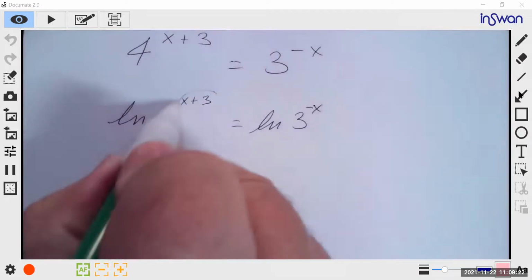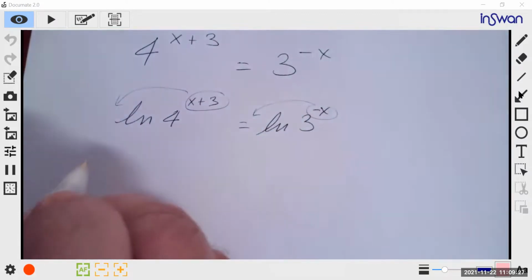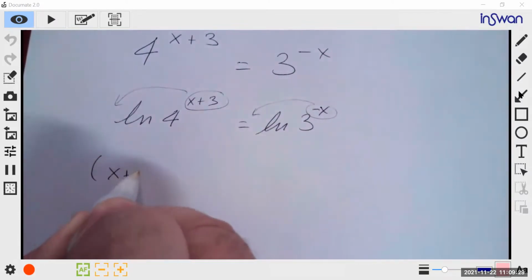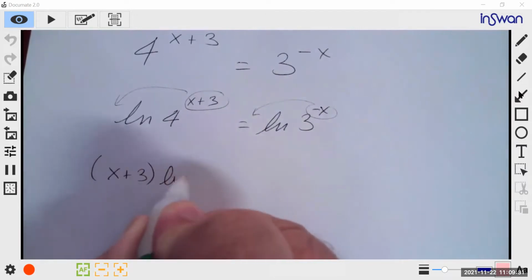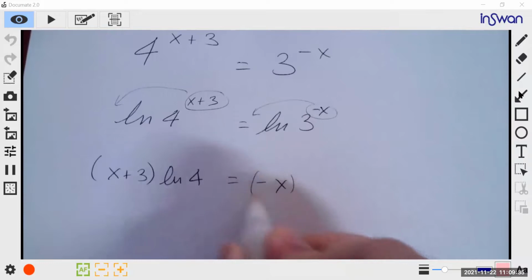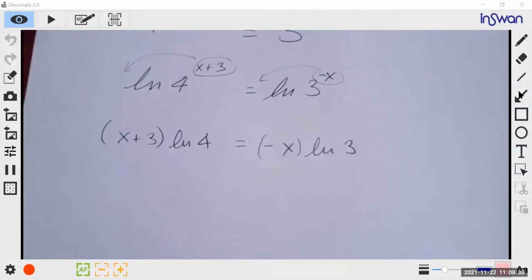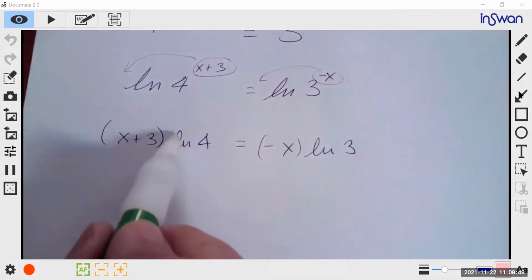That means the exponents come down. Remember, we're solving for x. So we have to get rid of the parentheses here, so we distribute.